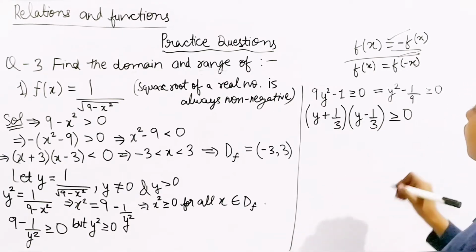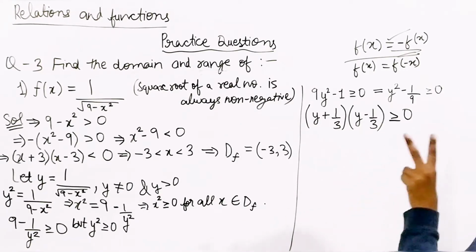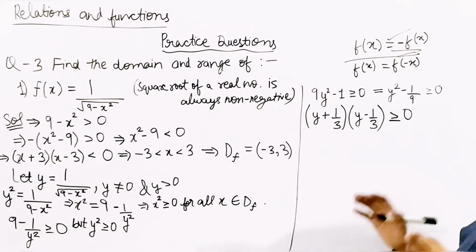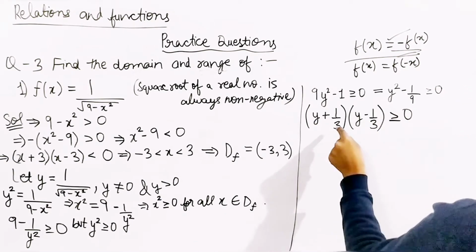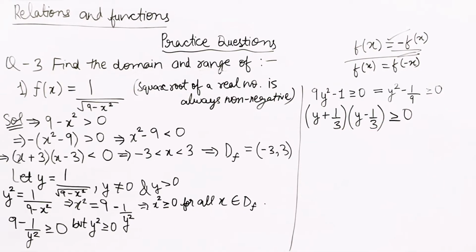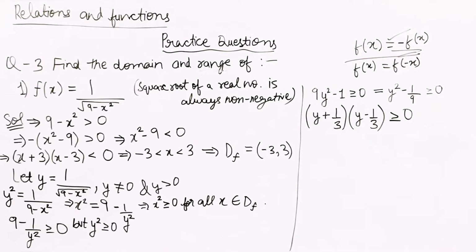Okay, so 2 possible values I'm getting right here. Is this the negative 1 upon 3 and the positive 1 upon 3? Can I get these 2 values? Of course I'm going to get them.